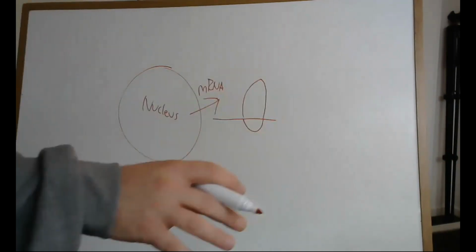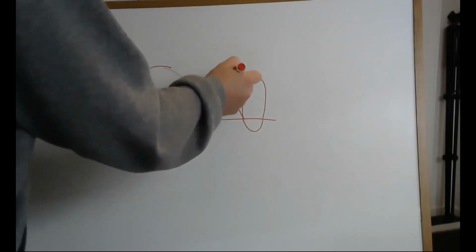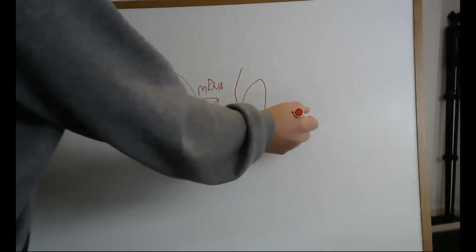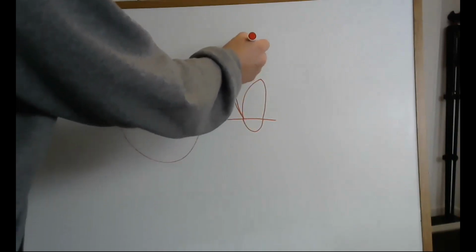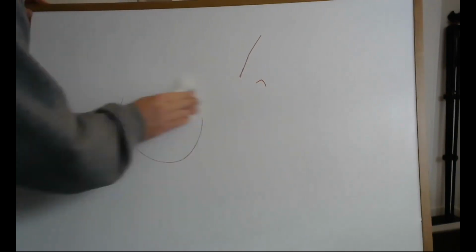I mean, this is a very simplistic representation. And the protein is built coming this way. So as the mRNA gets shorter, the protein gets longer, or the amino acid chain, peptide chain, whatever you want to call it. I'll go through that again in more detail in the coming weeks. This is just a rehash.